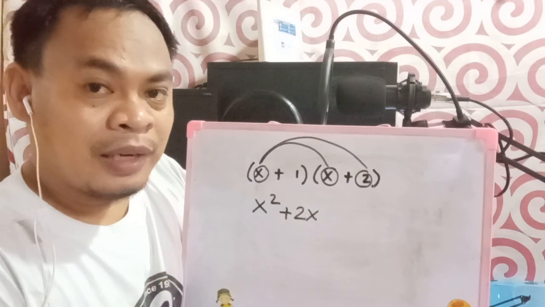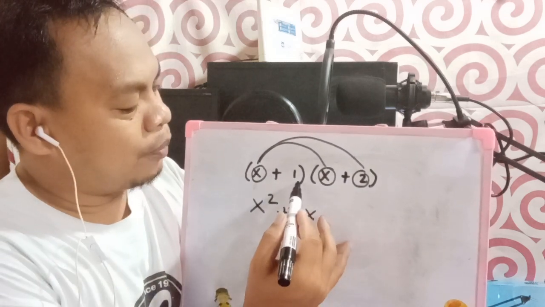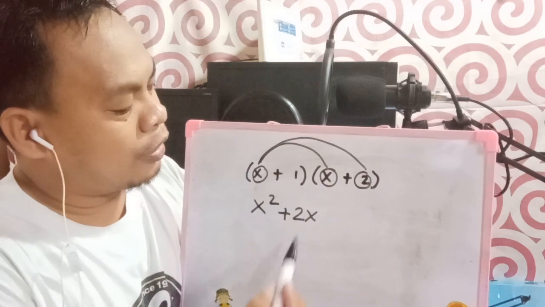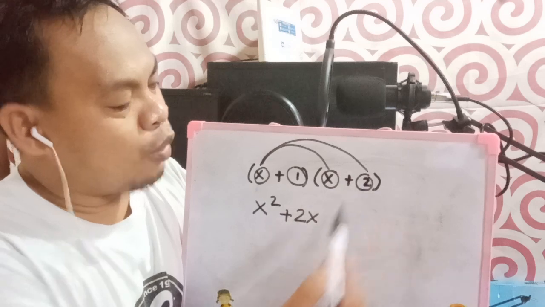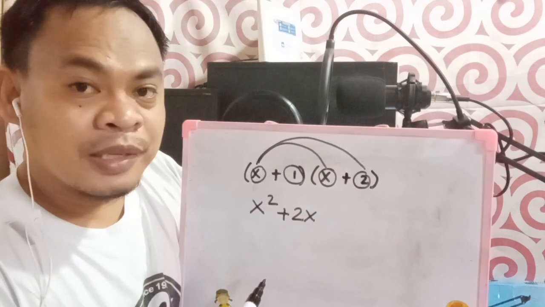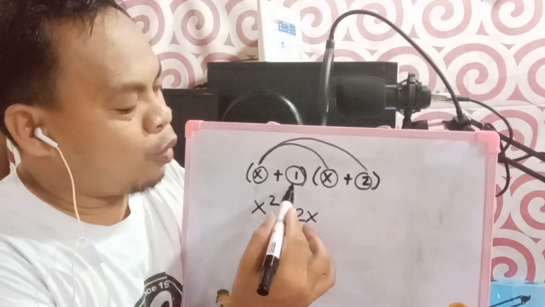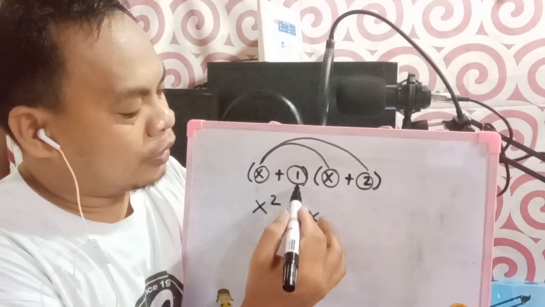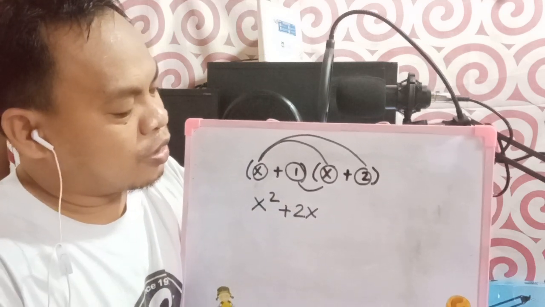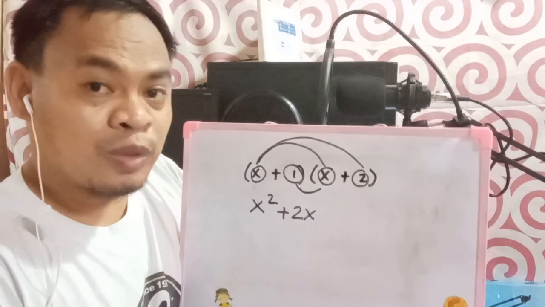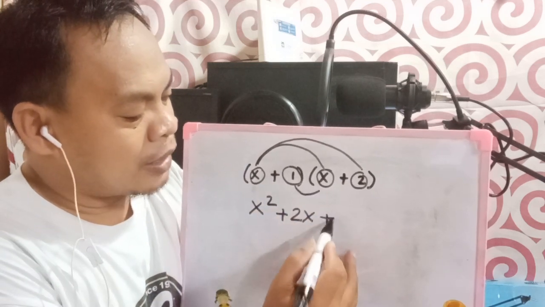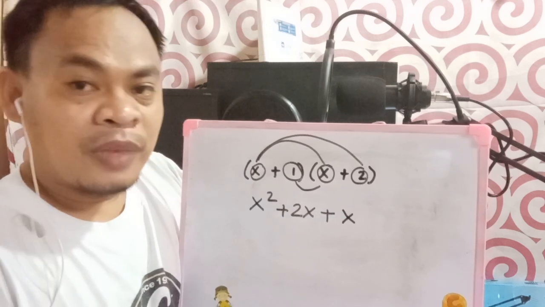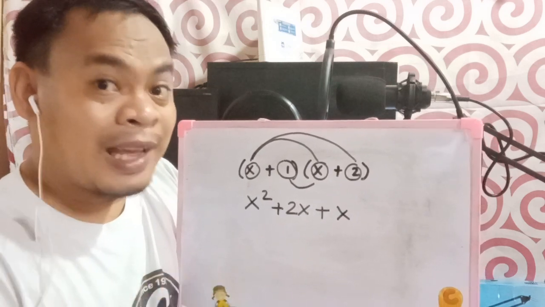And for the I, the inner terms, for this binomial, our inner term is 1. And for this binomial, our inner term is X. So therefore, we will multiply 1 to X. So 1 times X is 1X or X. Positive 1 times positive X, so therefore plus X. And for the L, last terms.